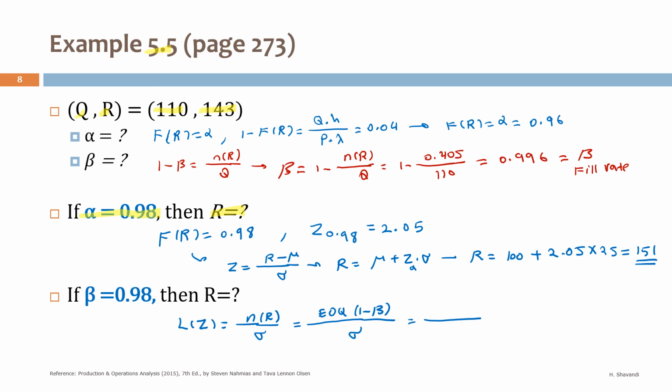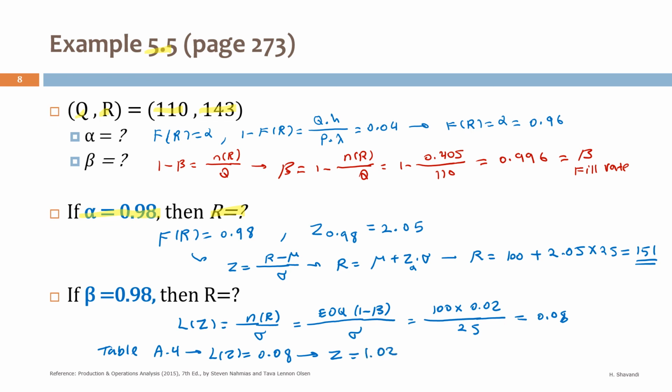Here we need to consider the EOQ for type 2 service level, and the EOQ for this example is 100, so times 1 minus beta, which is 0.02, divided by the sigma, which is 25. Then L(Z) here becomes 0.08. Okay, 0.08. Then if you go to table A.4, by having the L(Z) of 0.08, then Z is obtained as 1.02.